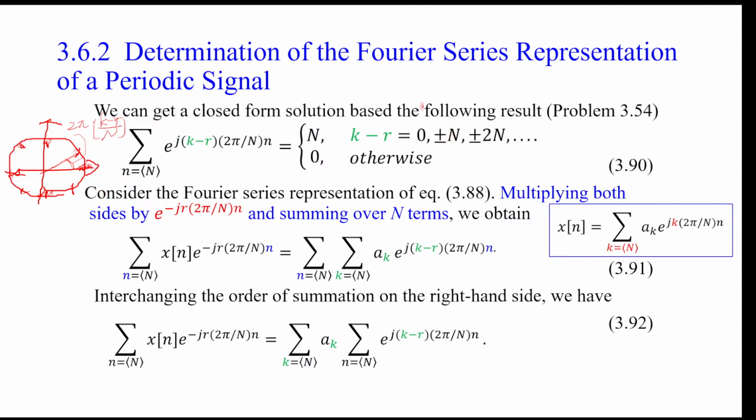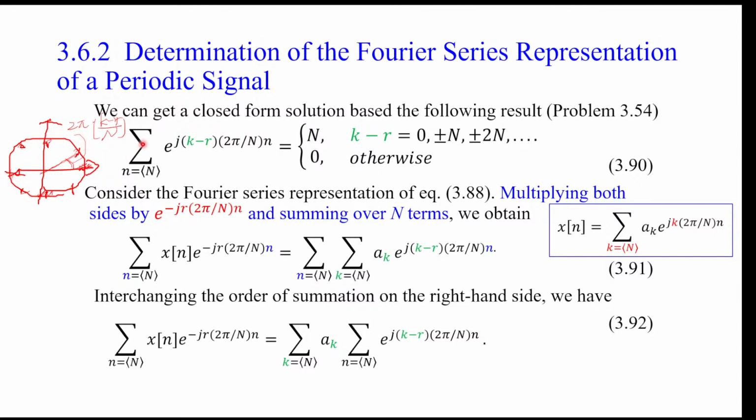Okay, it's 0 over a period of N otherwise. Now the interesting thing is that if k minus r is not a multiple of N, then what is this sum? You are summing over e to the j (k minus r) times omega naught, to the nth power. We can sketch this on the complex plane.